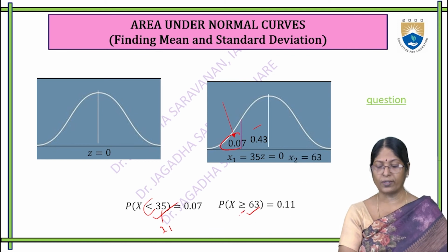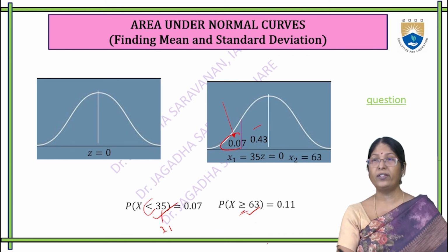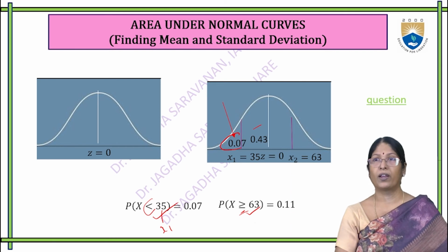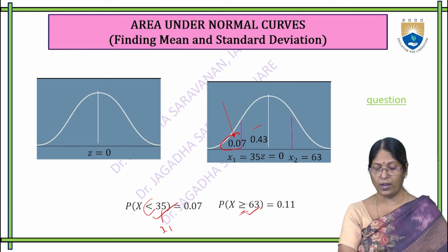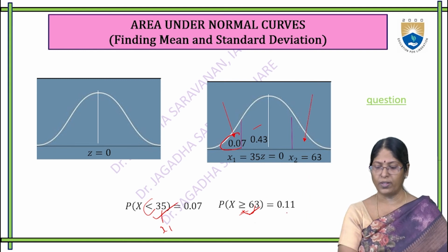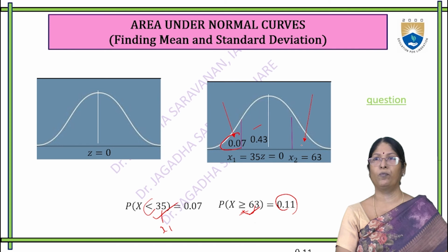Next, because of the greater than symbol, our z is going to come on the right side of the vertical line drawn. Here, right of our x2, converted into z2, the area is 0.11.